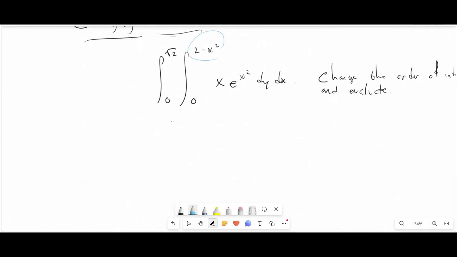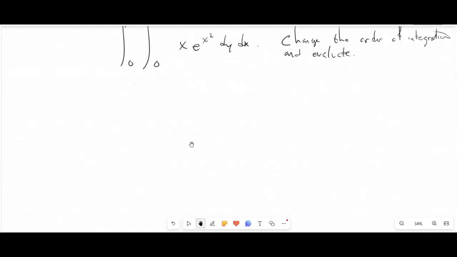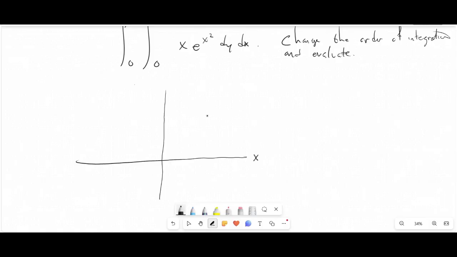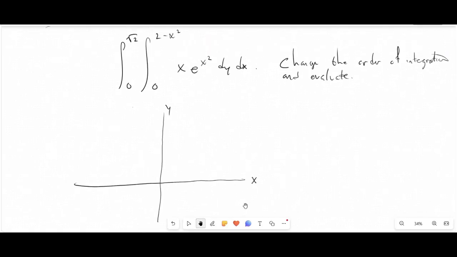They give us these bounds, and somehow they're describing a geometric region. But we weren't shown a picture of that region. So we must construct it just from what they show us. Well, they tell us x goes between 0 and the square root of 2.